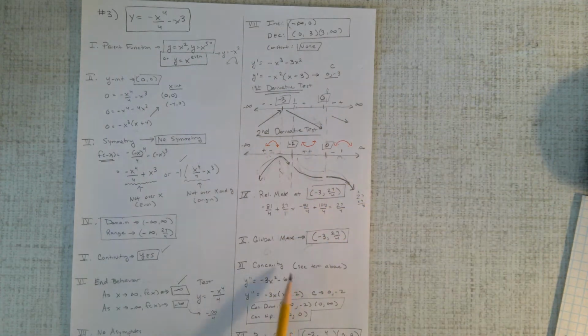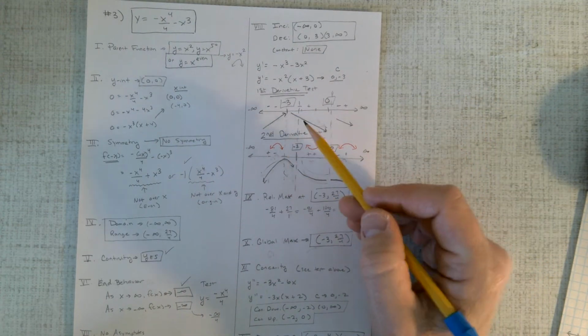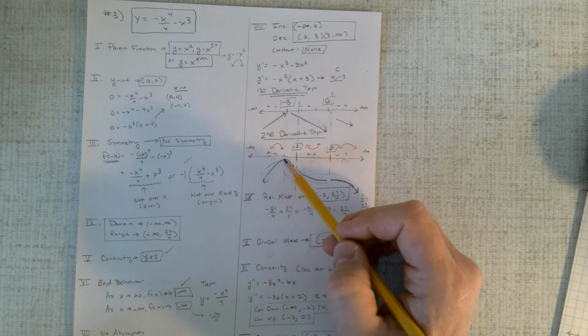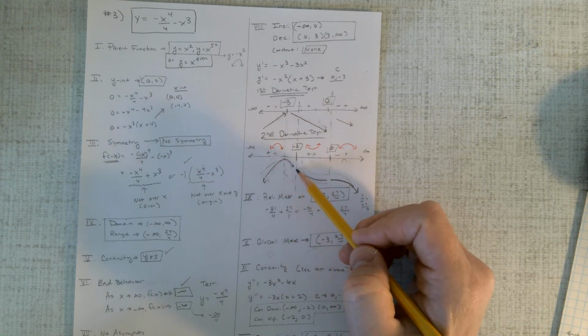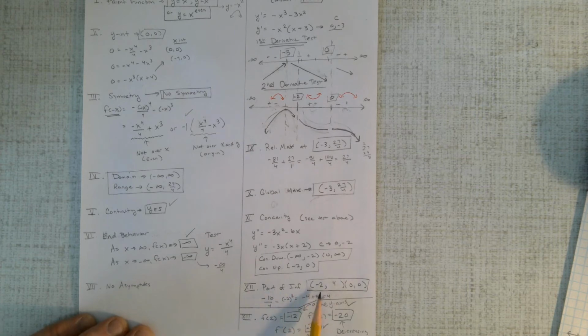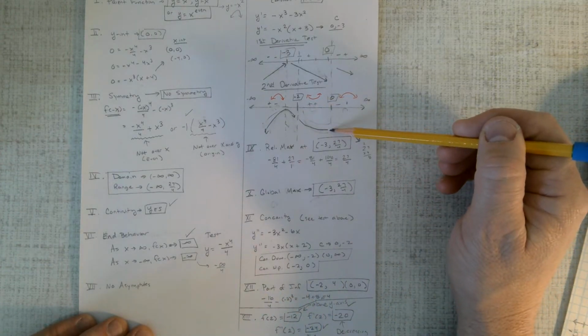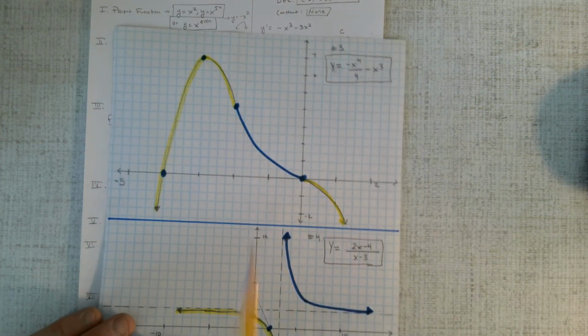In concavity, do the second derivative test, find your points, and if you overlap them, you'll see that it's going up, but then it starts to turn down, and at negative 2 is the shift in concavity right here. So we have the intervals for concavity and points of inflection. Again, they're at negative 2 and 0, at both of these points, and you can see them on the graph.